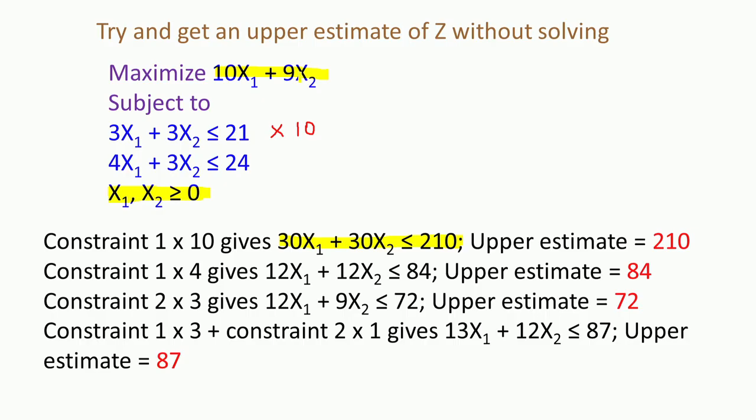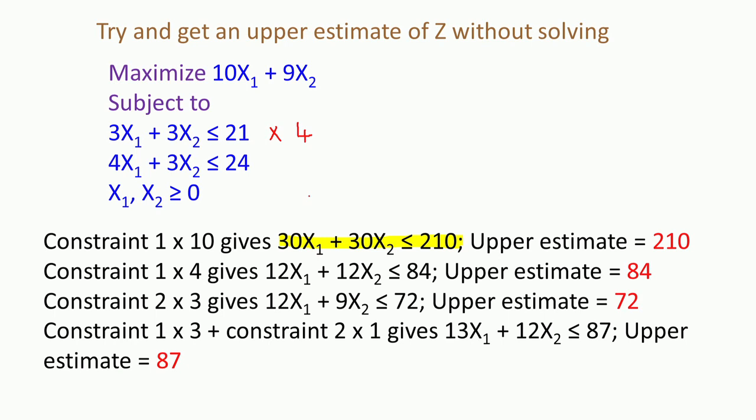Now, let us do this. Instead of multiplying the first constraint by 10, we multiply the first constraint by 4.